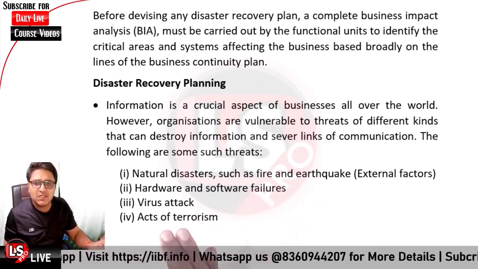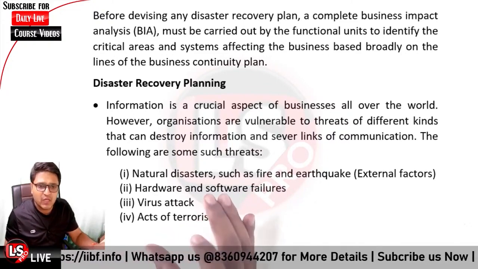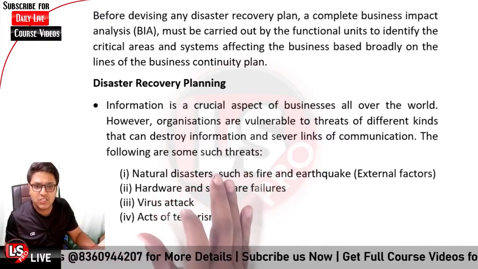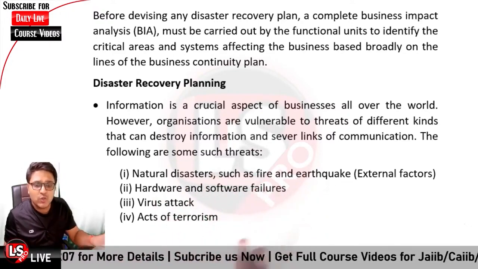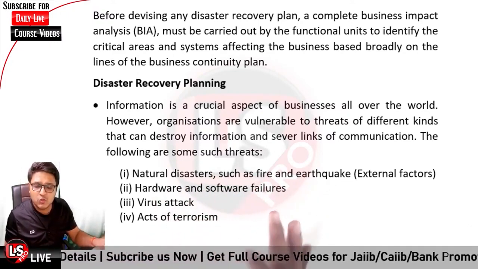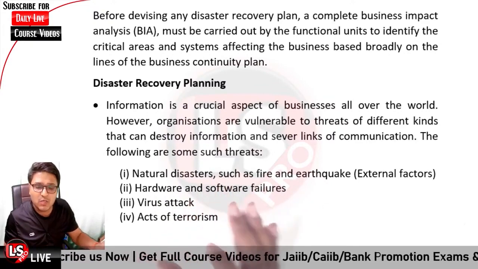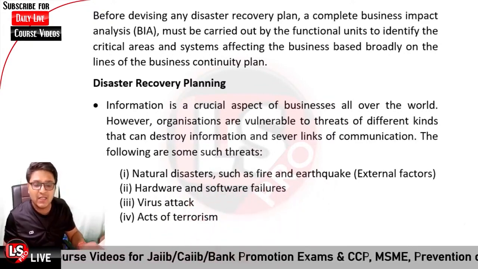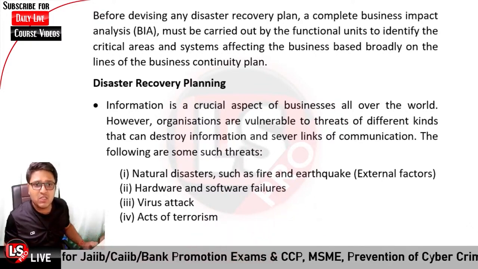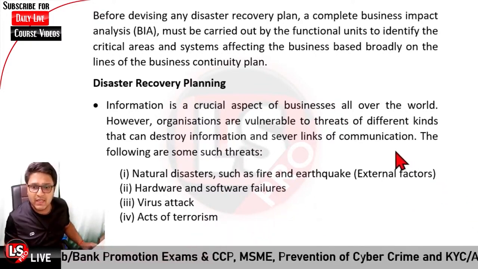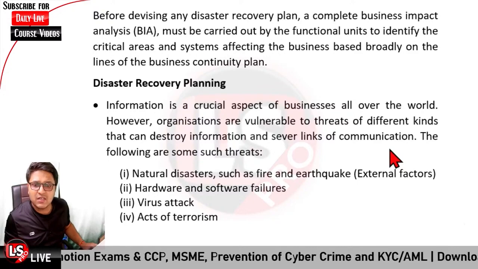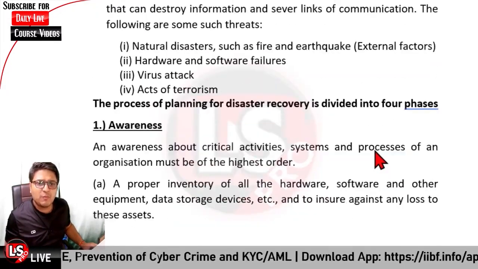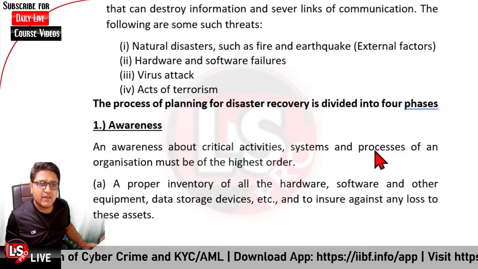Whatever the threat, the system is vulnerable to those threats. But to maintain business continuity, there must be a plan, which is said to be disaster recovery planning.